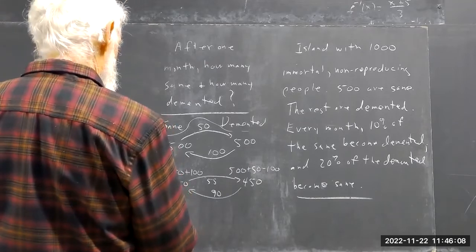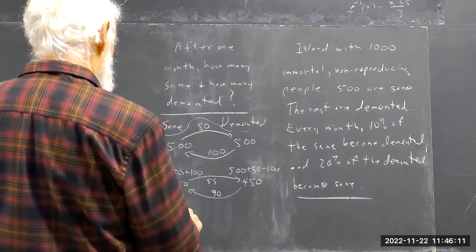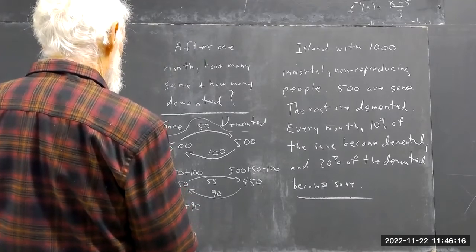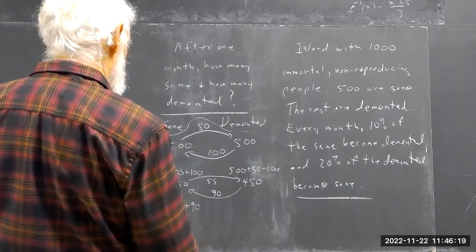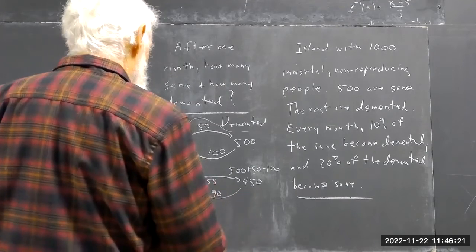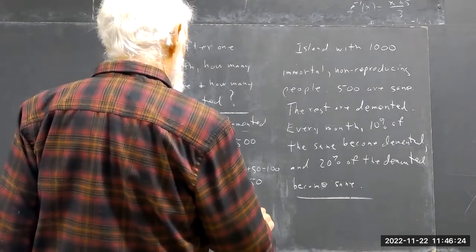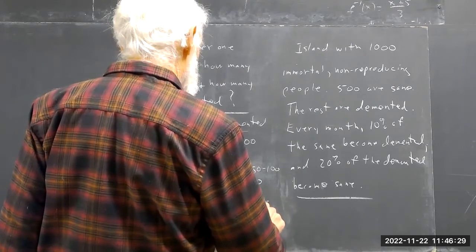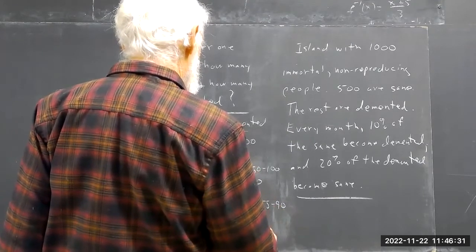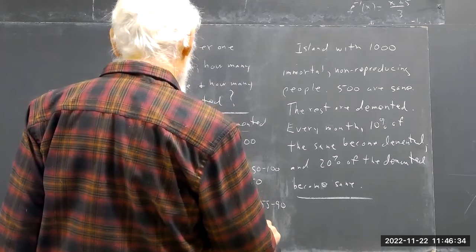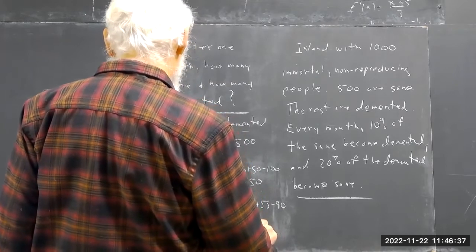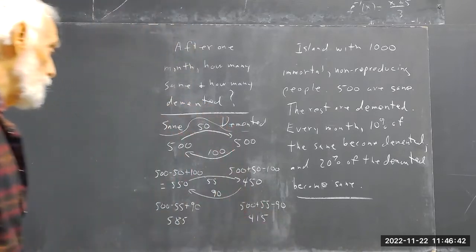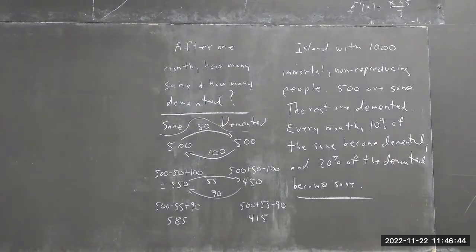So we have 500 minus 55 plus 90, which is 585. And over here, we have 500 plus 55 minus 90, which is 415.